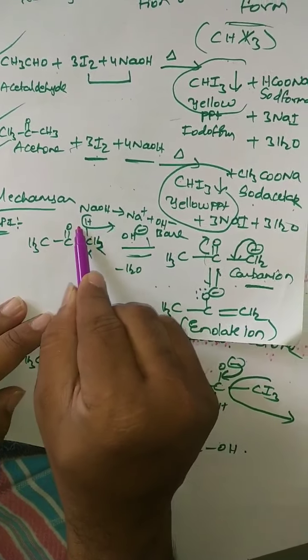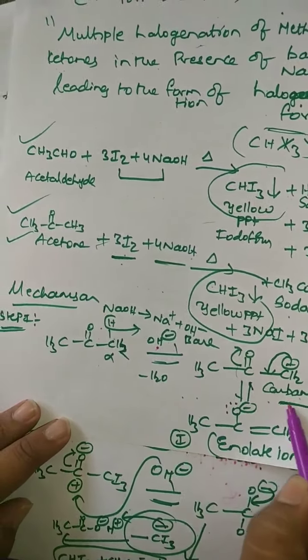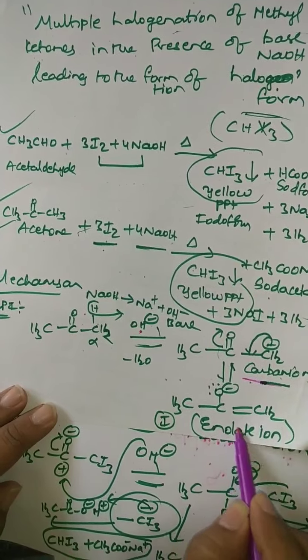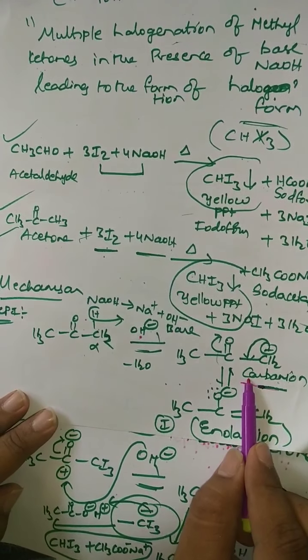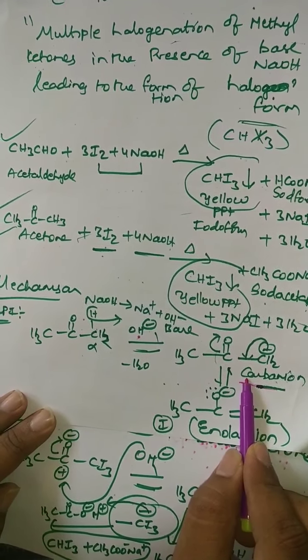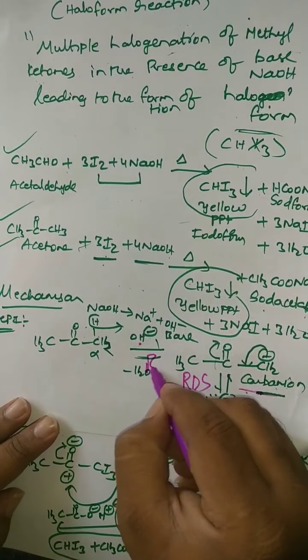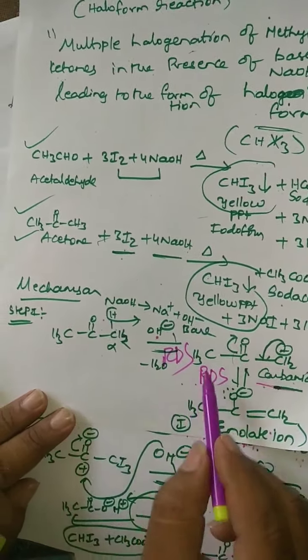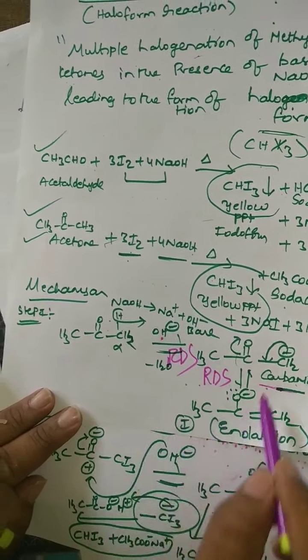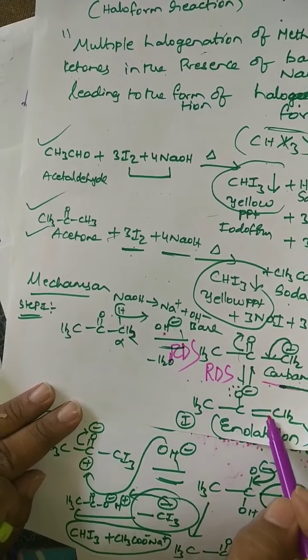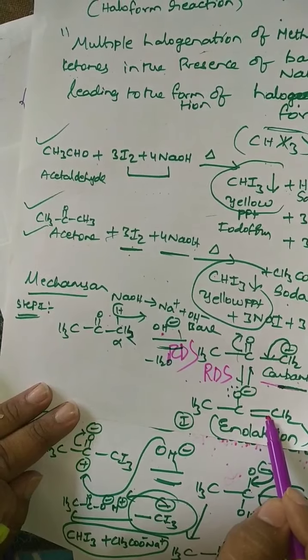OH minus abstracts H plus, and a carbanion is generated, the formation of the enolate ion. Here no bromine, no iodine, no chlorine is involved. This is the RDS, the rate determining step of the reaction. The overall rate of the reaction is controlled by this step. Formation of the enolate ion is the rate determining step.